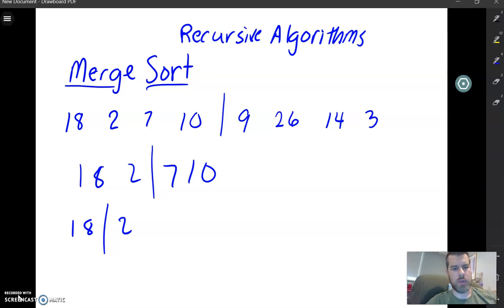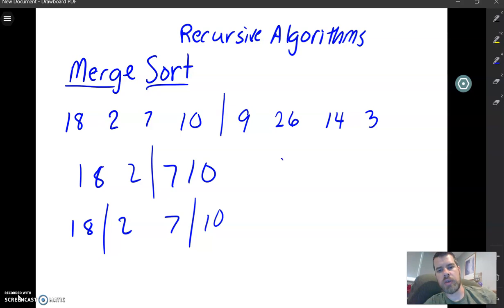So that recursive tree ends, right? All our recursive functions have base cases, so that ends. And then it would go back up to the 7 and 10 and be like, oh, that one needs to be split apart. So we'll call merge sort on the 7 and merge sort on the 10, and those are then done as well. And now we need to work our way back up to the right side.